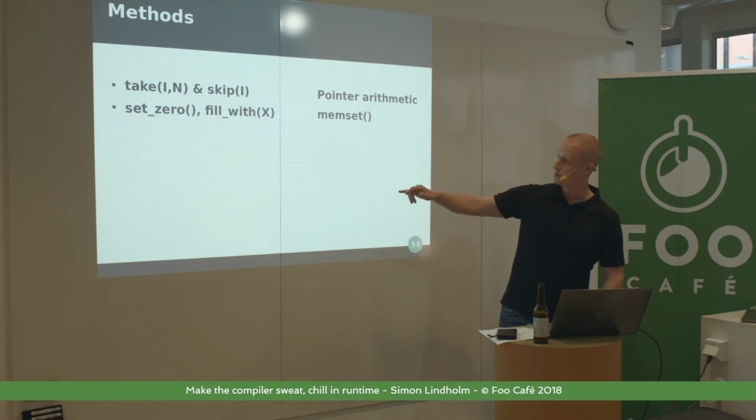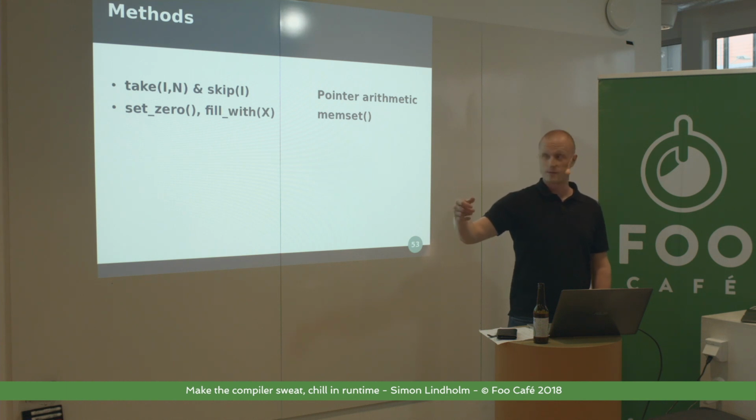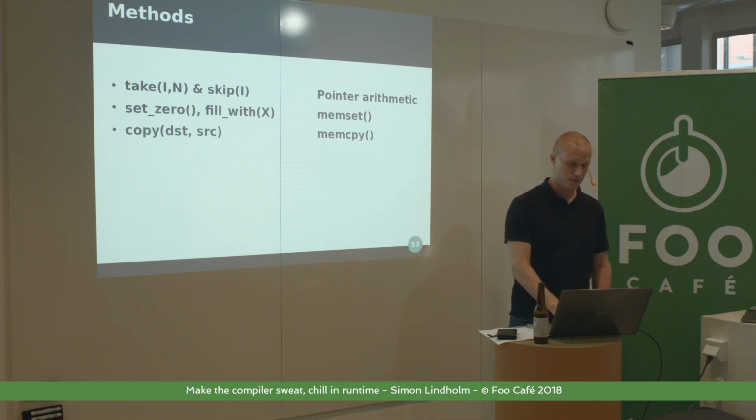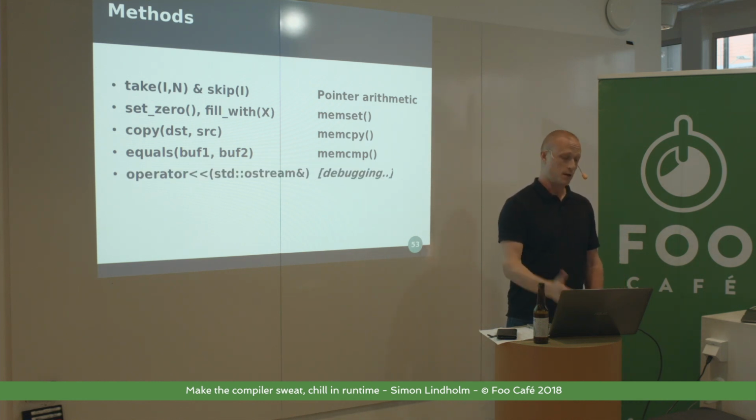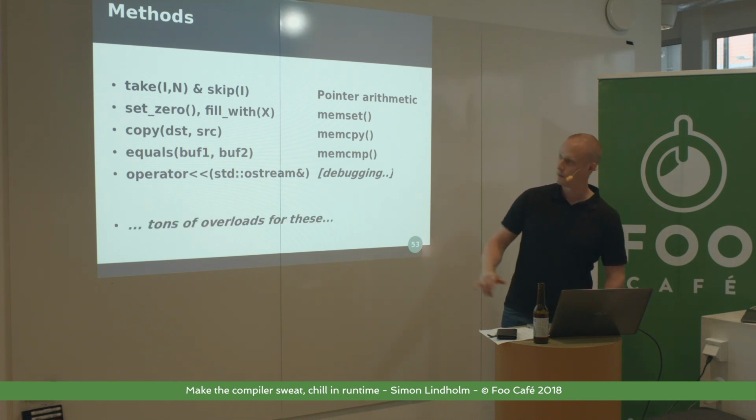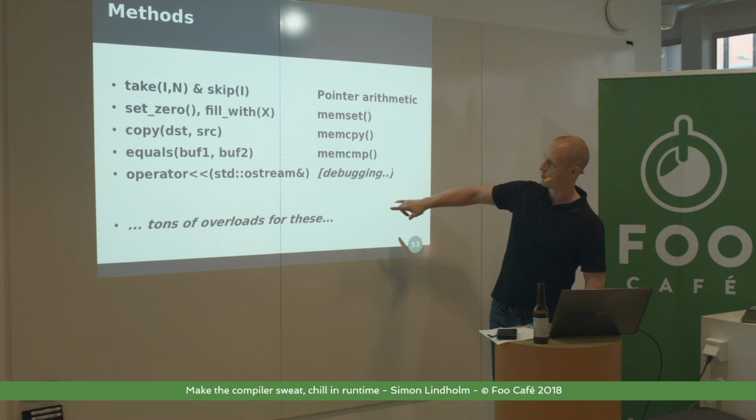We have two methods to fill the buffers with something, which is basically just a wrapper for memset. And you have another for copying, and for equals. So you have wrappers for memset, memcpy, and memcmp, and just for printing as well. And all these have a ton of different overloads.